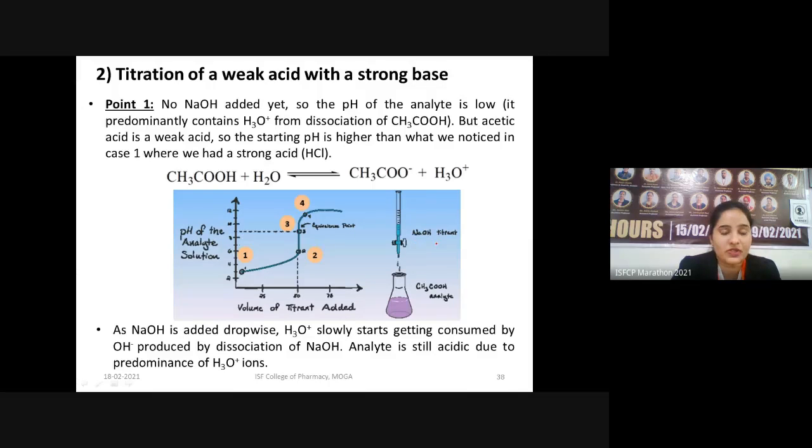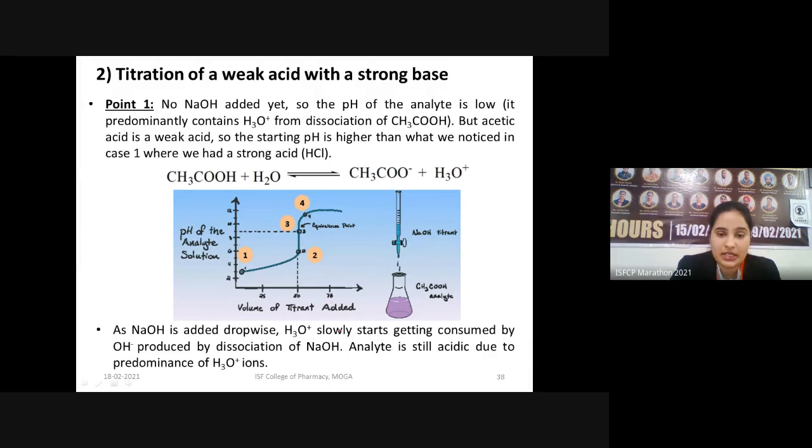So slowly, with the addition of drops, the hydronium ions in the analyte solution will be neutralized, consumed by the OH negative ions which are produced by the dissociation of sodium hydroxide solution.